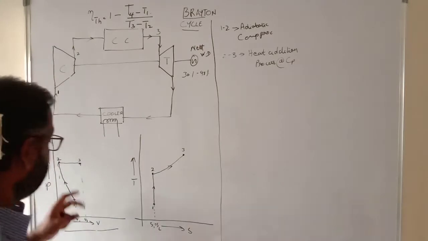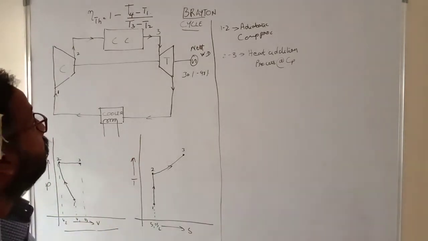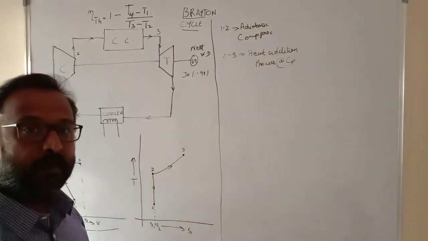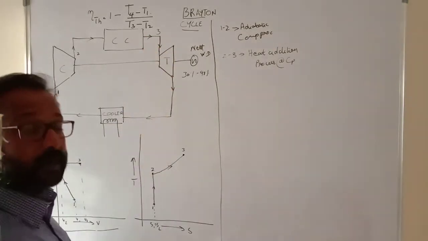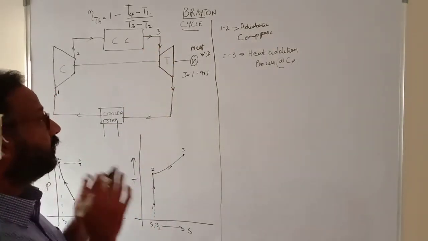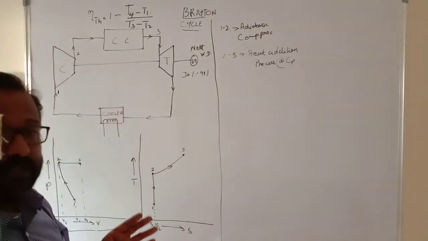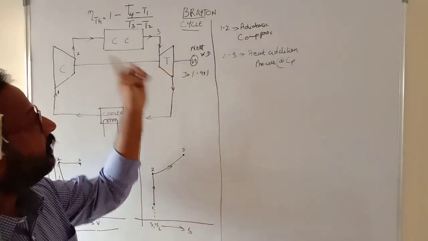Alright, I hope you're clear up till now. We'll go further. Now, after the hot gases come out from the combustion chamber, the heat energy that is produced from the combustion chamber is utilized for rotating the turbine.